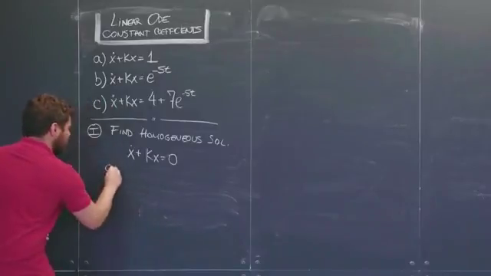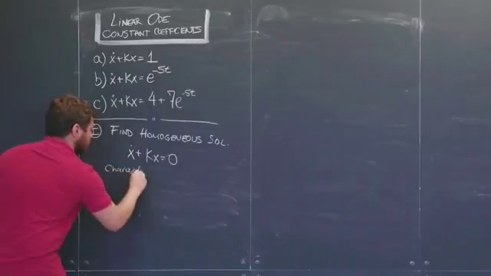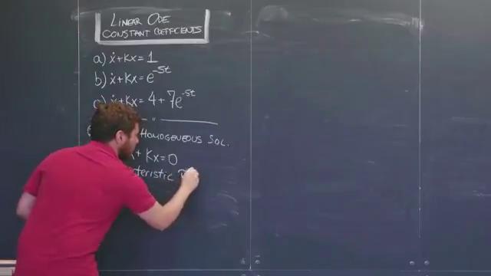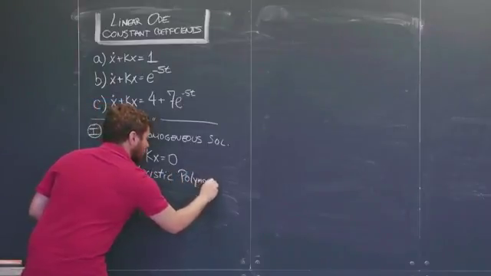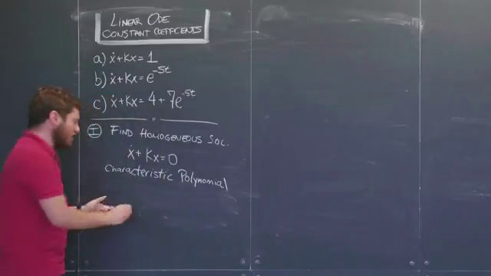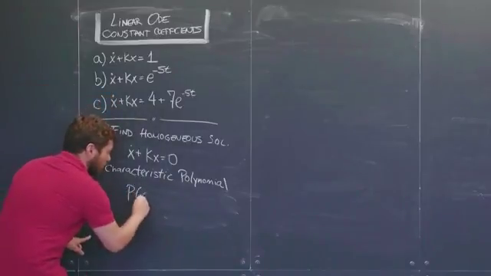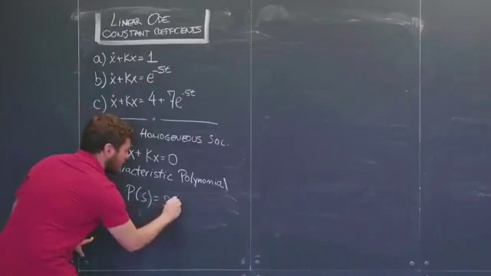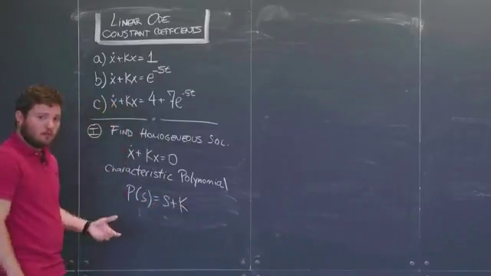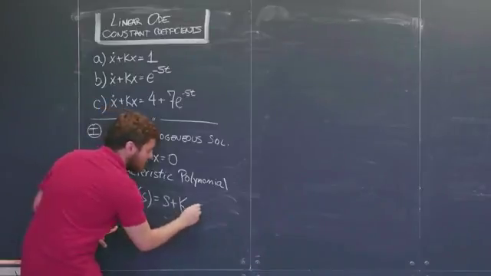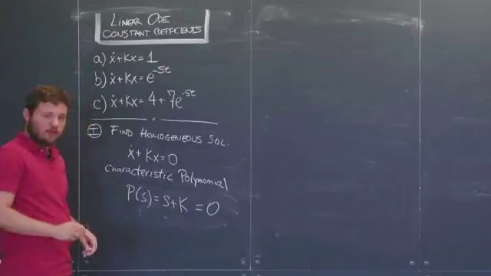We're going to use the characteristic polynomial. The characteristic polynomial of this equation is denoted by p of s, and is equal to s plus k. We find the solution to the homogeneous problem by setting p of s equal to 0.